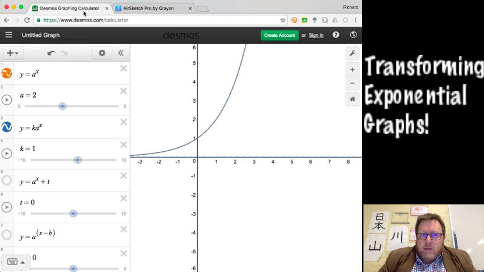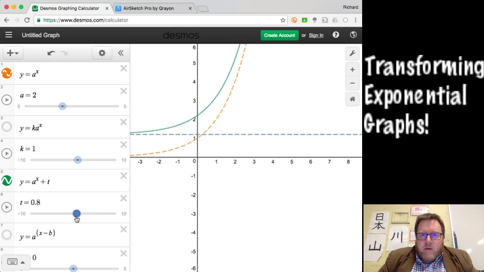Okay, back to Desmos. I'll turn off that one. So there's my basic graph, and I shall turn on this one. At the moment, I've got t equal to 0, which means that the graph hasn't been transformed at all. It's the same as the basic graph. But now let's see what happens when I increase t. There we go.